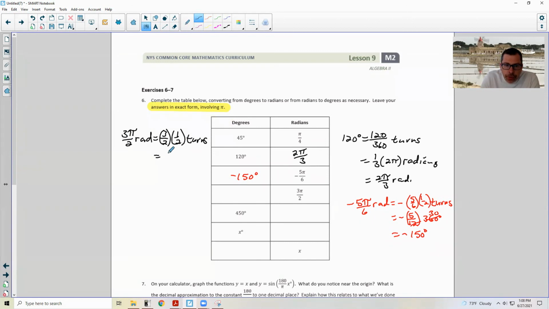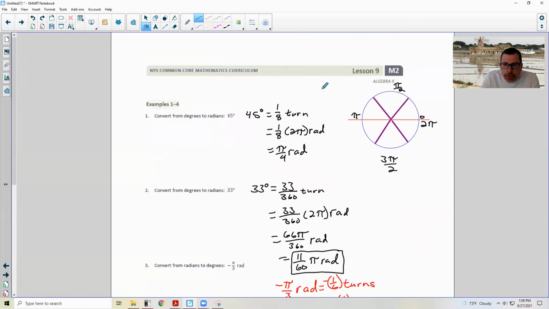And that is going to equal 3/4 of 360 degrees. 4 goes into 36 9 times. So it's times 90. 9 times 3 is 270 degrees. So remember 3 pi over 2, 1 pi over 2.